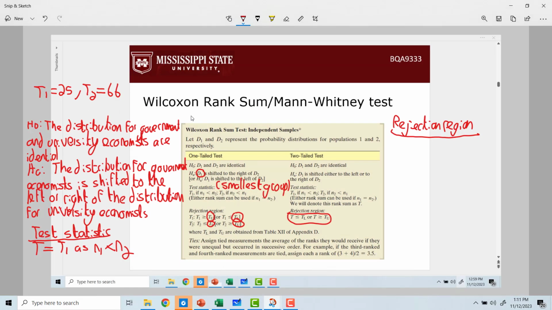Remember that in the rejection region, it's a less than or equal to. So we're going to reject H0 if T is less than or equal to 28 or T is greater or equal to 56.